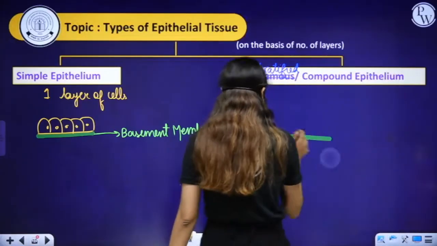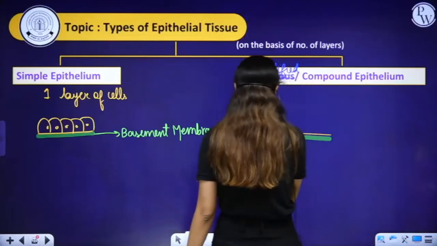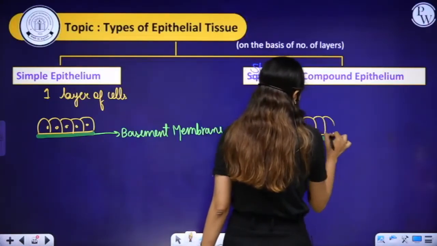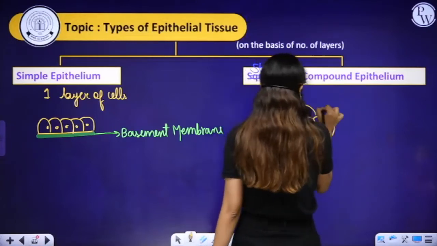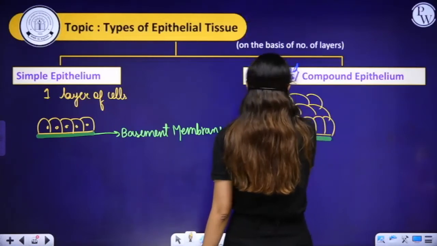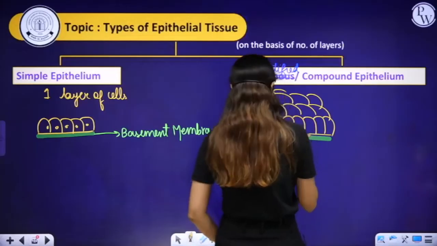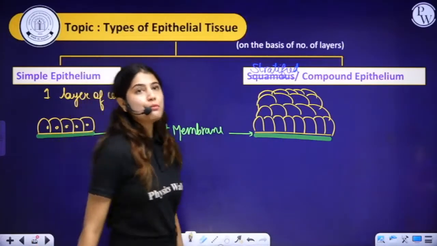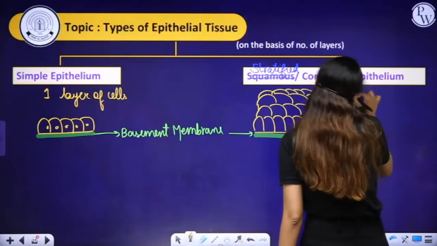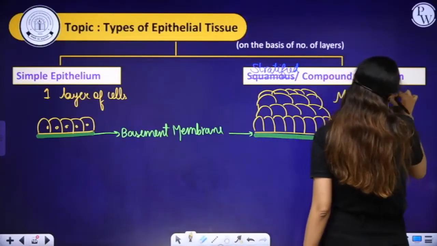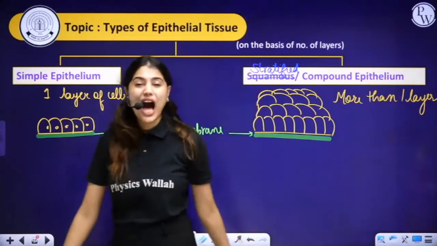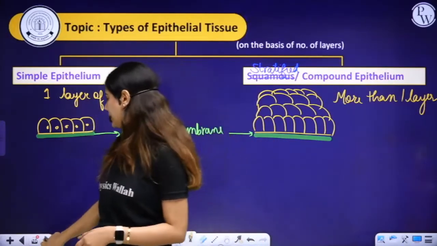So we can draw many layers here. Like this, so it has more than one layer.